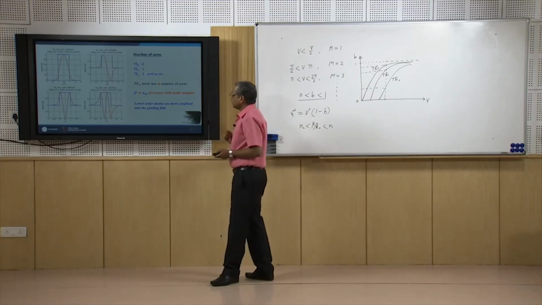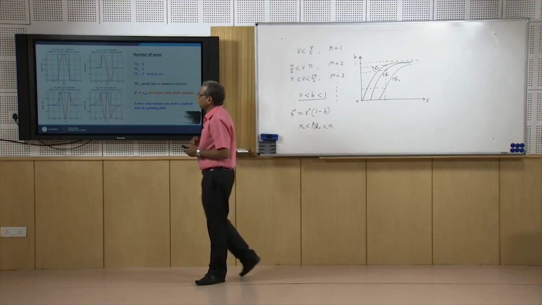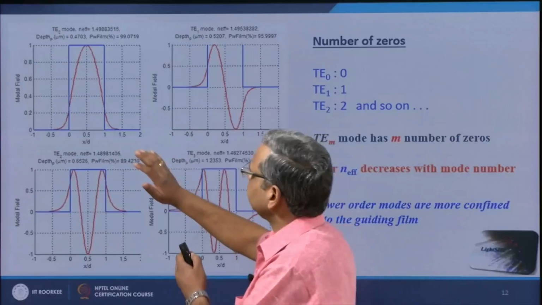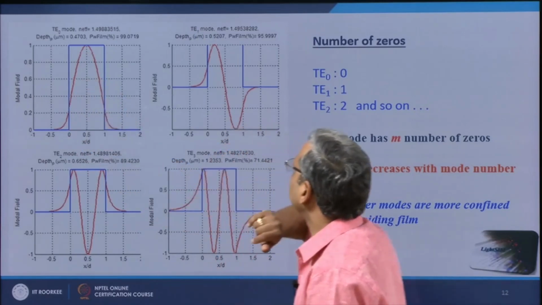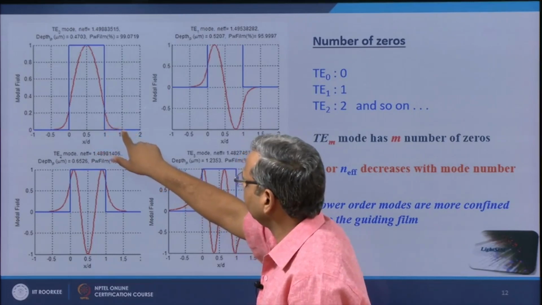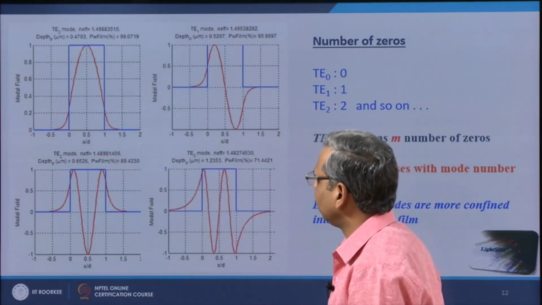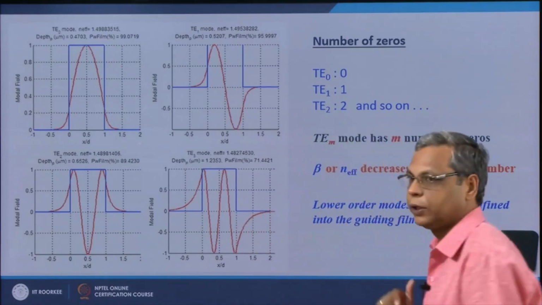I also see that the lower order modes are more confined into the guiding film. You can see that TE0 mode has more power here, and the tail into the N2 region is smaller, but as I go to higher order modes, this tail extends more and more.